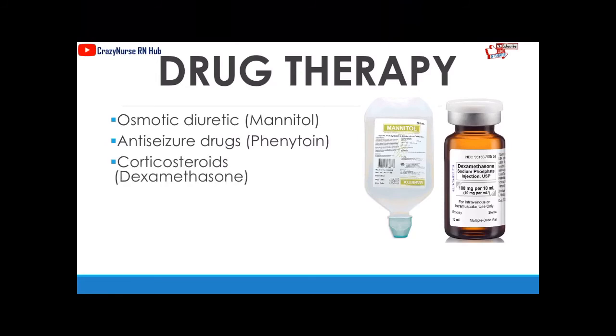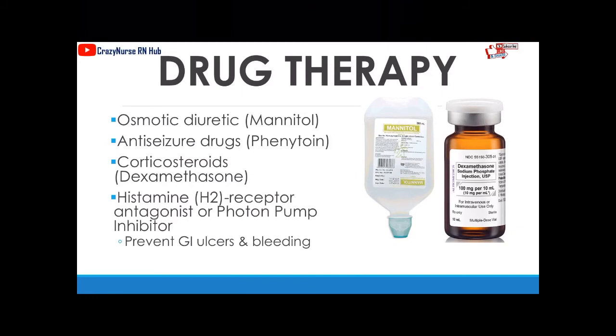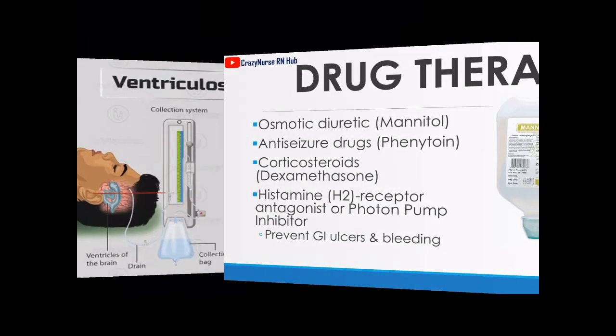We also have corticosteroid in the form of your dexamethasone, that is to decrease the inflammation of your brain tissue, thus decreasing the intracranial pressure. And also we have your histamine H2 receptor antagonist or proton pump inhibitor. This is to prevent GI ulcers and bleeding caused by the administration of your corticosteroids.